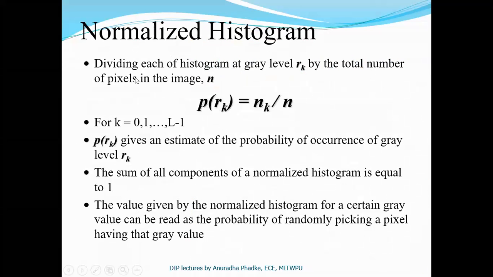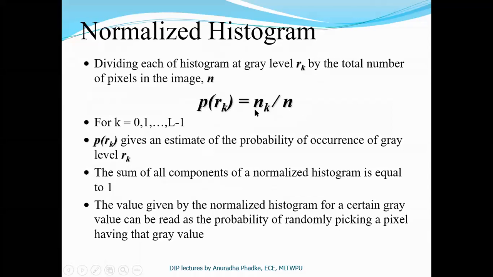So dividing each histogram value at gray level rk by the total number of pixels N in the image gives you the normalized histogram, denoted by p(rk). Then p(rk) = nk / N. Okay.